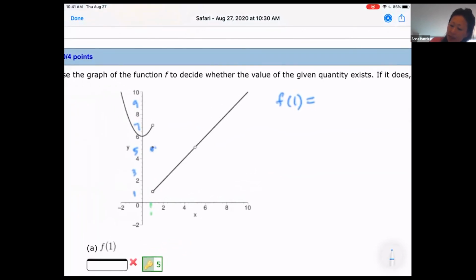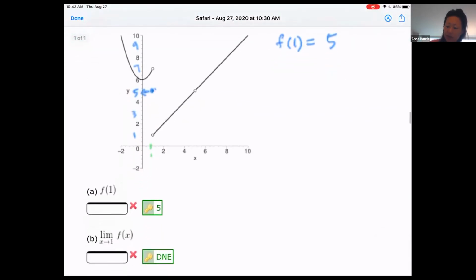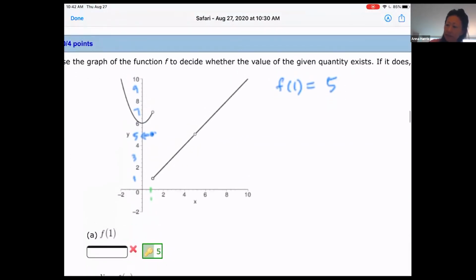As you see, this is a solid dot. What value is that? 5. So f of 1 is 5. Are you following me, class? Nod your head if you do follow me. Okay, good job. And the next one, what did I ask you to find? Limit.